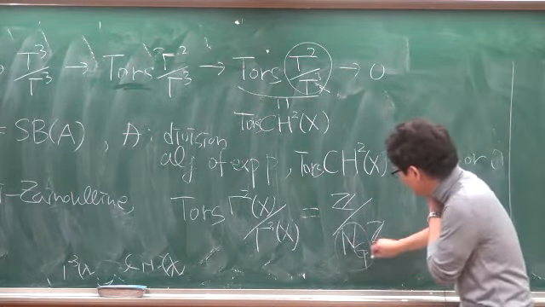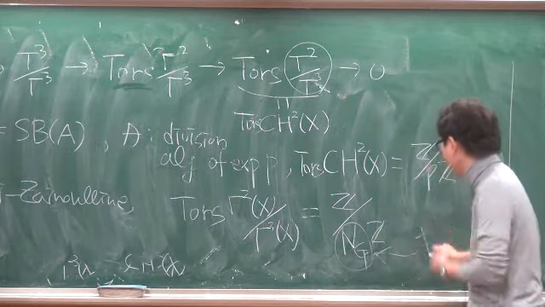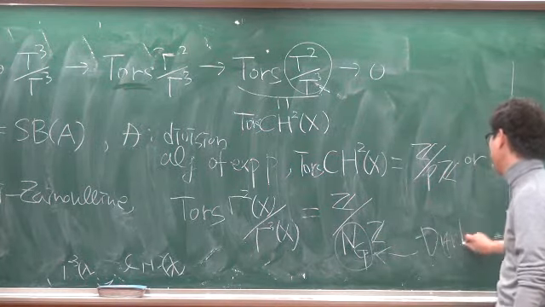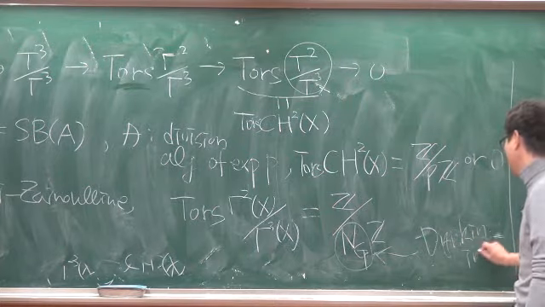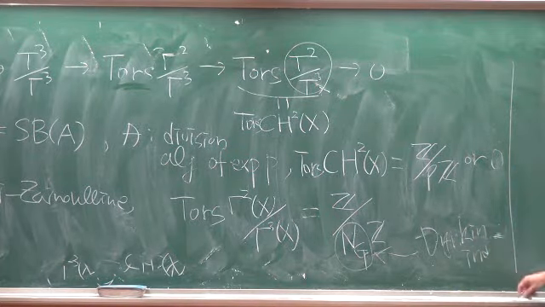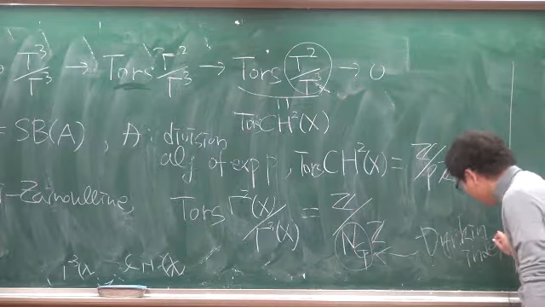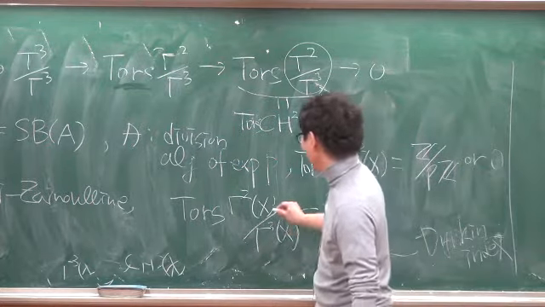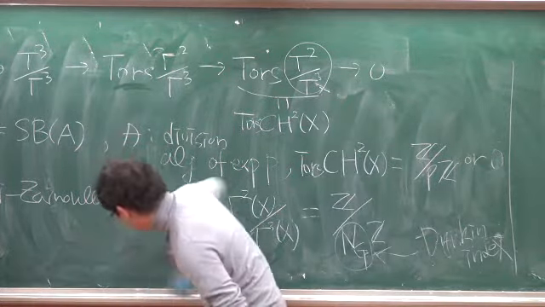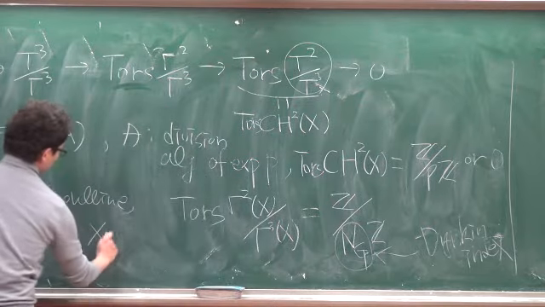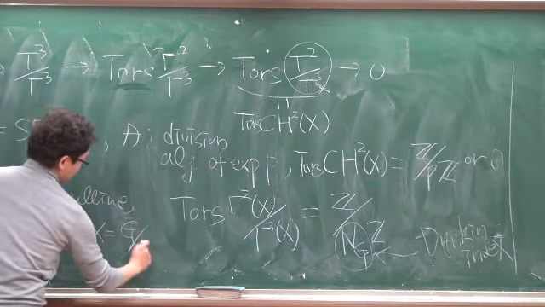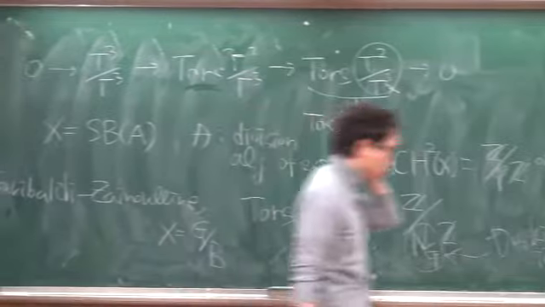So here, n_G is the Dynkin index. I will explain this notion later. And here, in this case, X is the complete flag variety.